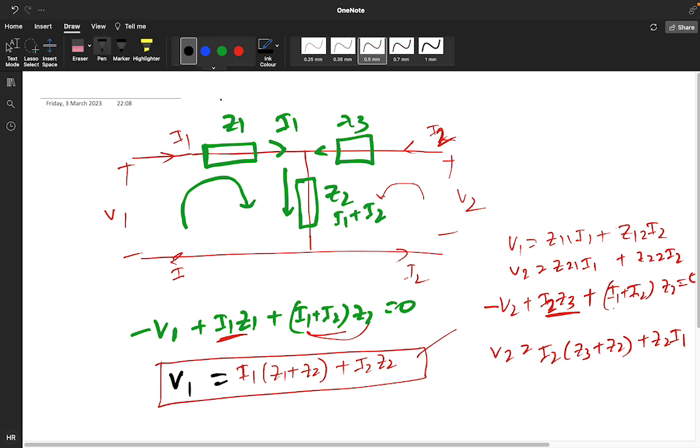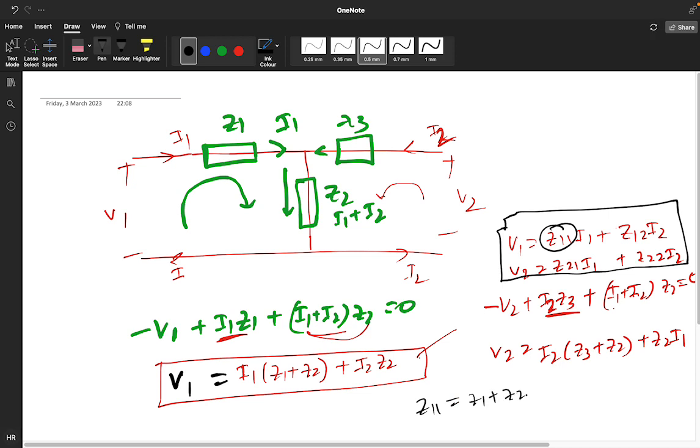So just watch it. This is your general equation of Z impedance. So if you compare this, your Z11 value is what? Z11 value is Z1 plus Z2. Clear, Prasanna? And Z12 value you are getting Z2.